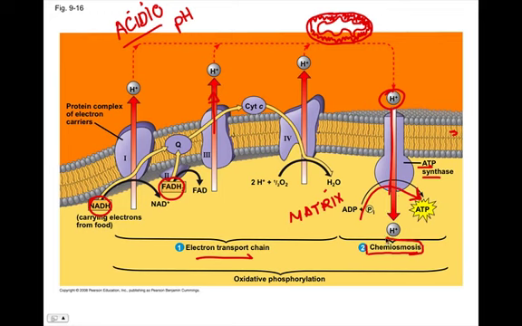So it's called chemiosmosis, and that's the driving force for the synthesis of all the ATP. And so the bottom line is we're converting NADH and FADH2 to ATP using the electron transport chain plus chemiosmosis. The overall process is called oxidative phosphorylation.